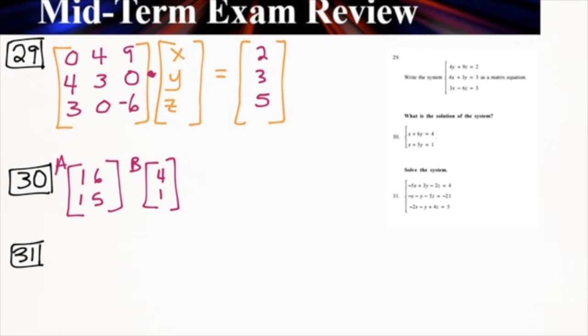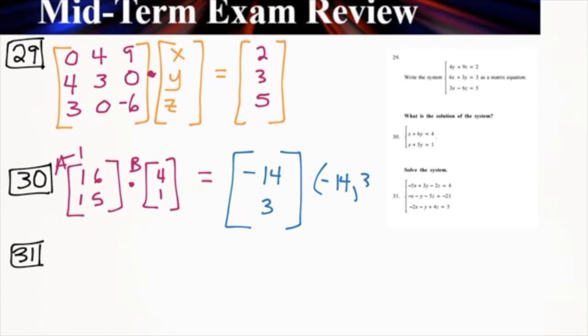So if I do A inverse times B, my answer is going to be negative 14 and 3, which also I'm going to write it like this because this is the proper way to write the point for the intersection point, which is probably what they're going to use on the test.